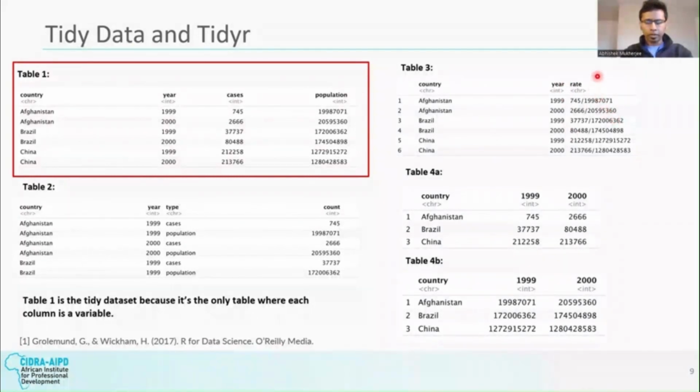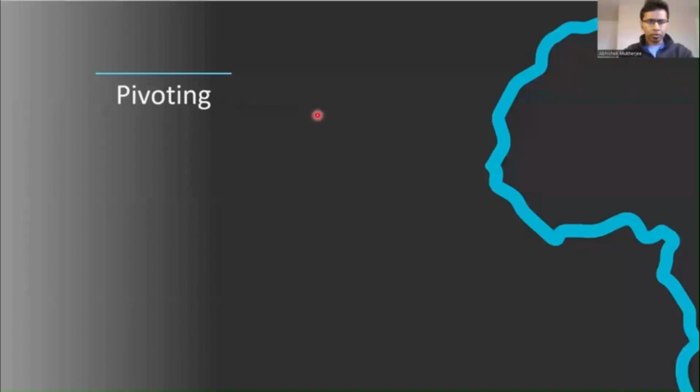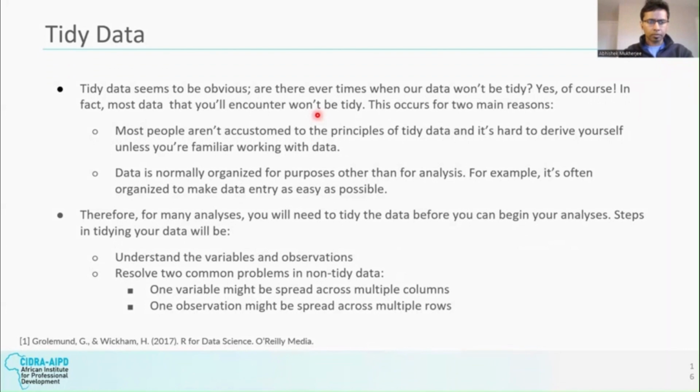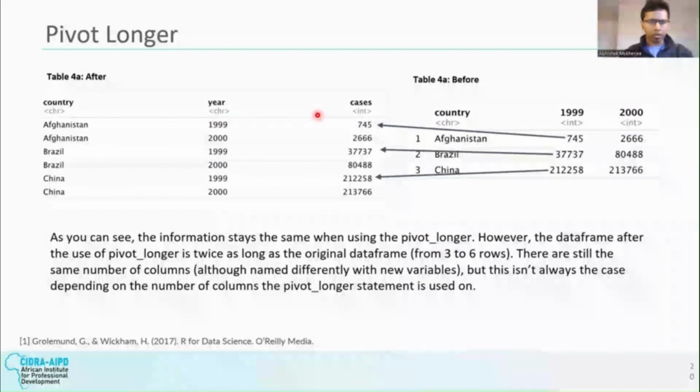So in scenarios like this, where we have a column with a string with the help of which we can split it, we can use the separate function to convert a non-tidy data set into a tidy data set. So let's go back to the slide, the separating slide, it will be clearer.